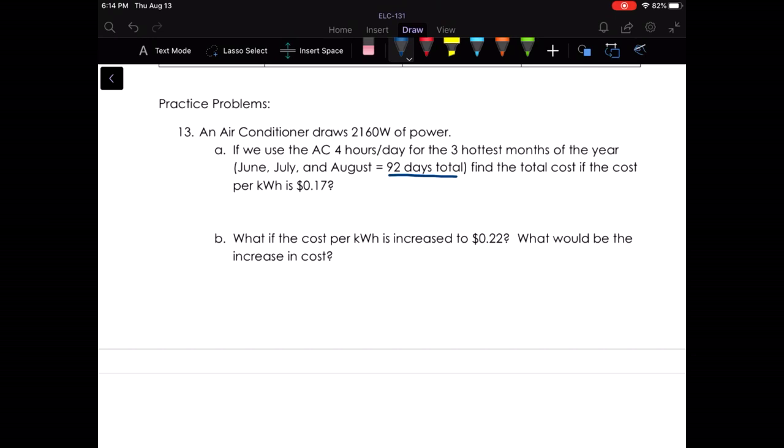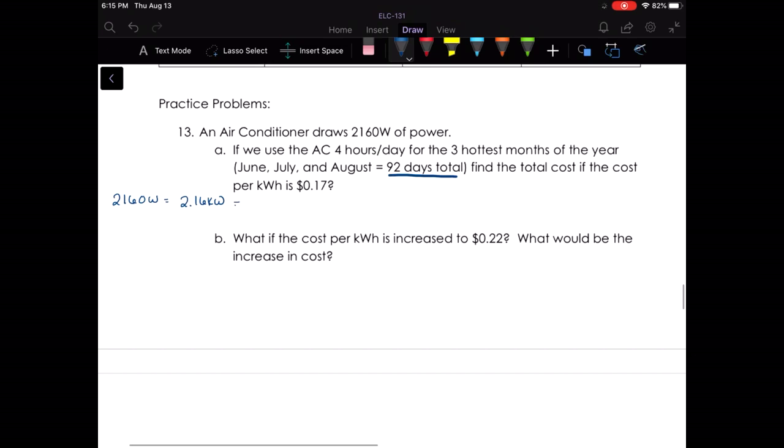Okay, so we're going to do basically the same thing. 2160 watts, oh, I left off my 0 there, is the same thing as 2.16 kilowatts.